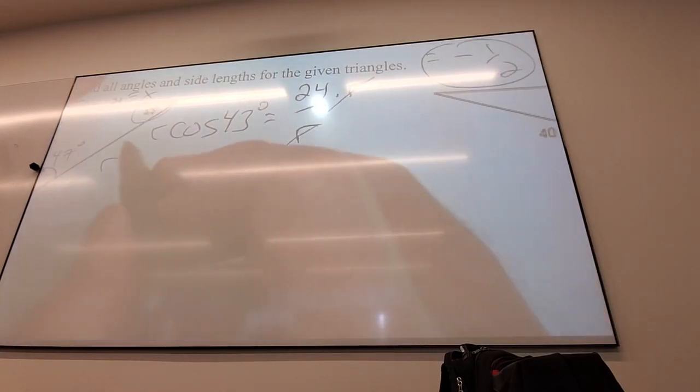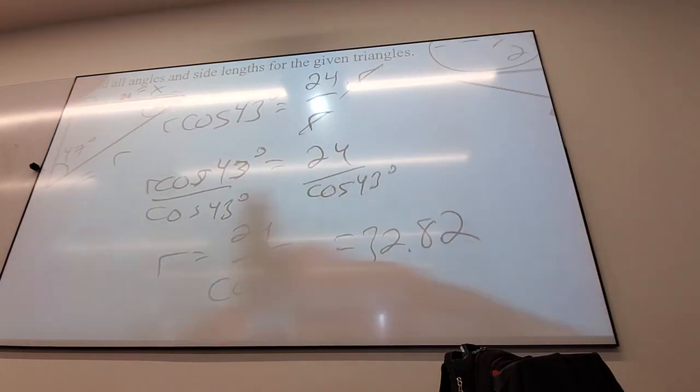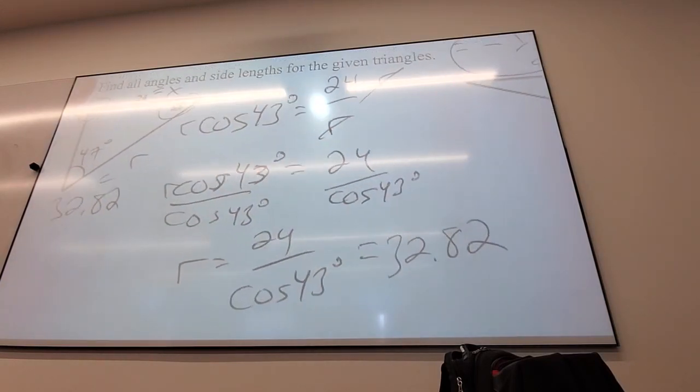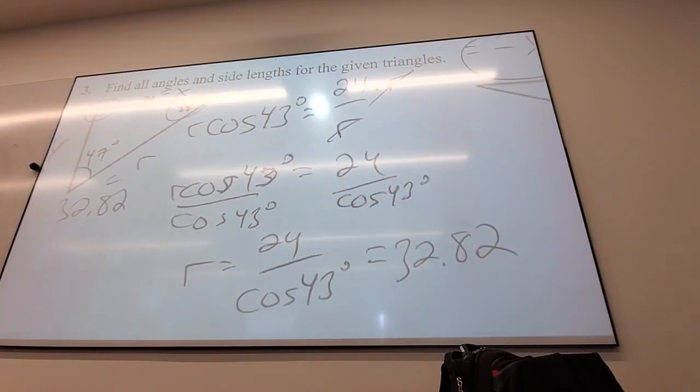Okay, so now we have this side length. Now we have two options. How do we get the last side length? Tangent. Yeah, I could either do tangent or I could do the Pythagorean theorem because now I have two sides. It would be less accurate, but I would accept either one.